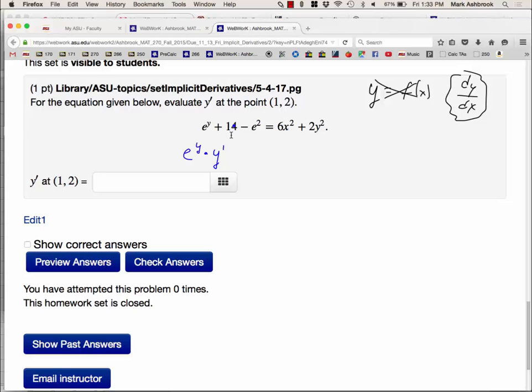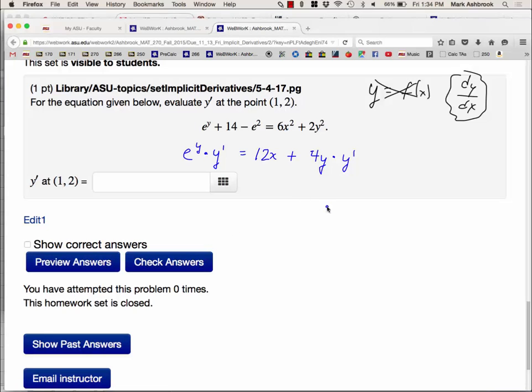And then the rate of change of 14 is 0. The rate of change of e squared, 0. And then we've got 12x, rate of change, plus, remember, the 2y squared: what's its rate of change? 4y times, by the chain rule, we need y prime. This is a composite function. We're considering y as a function of x.